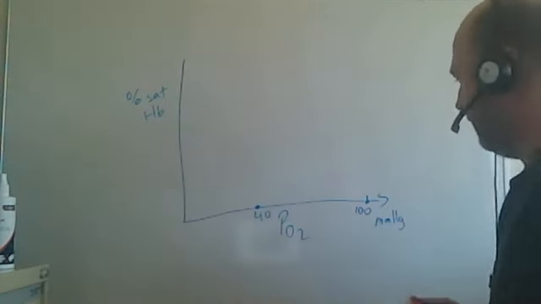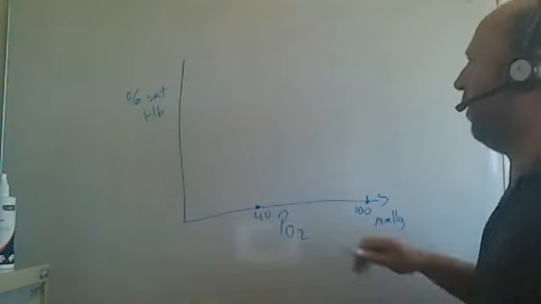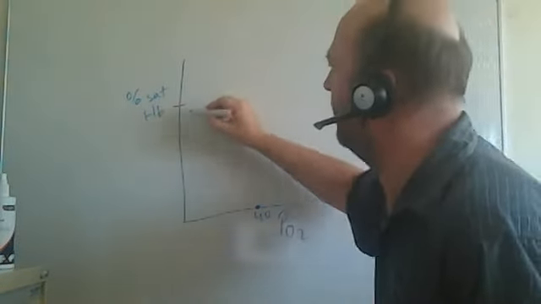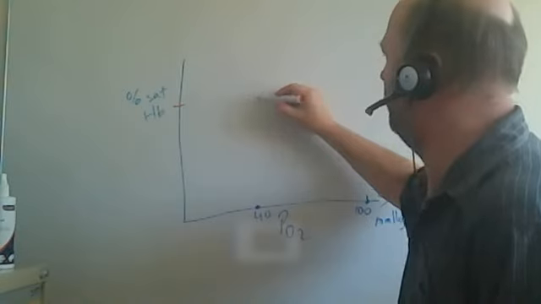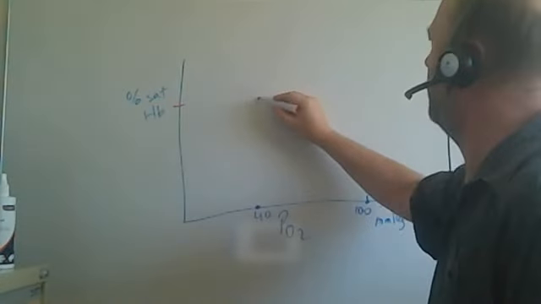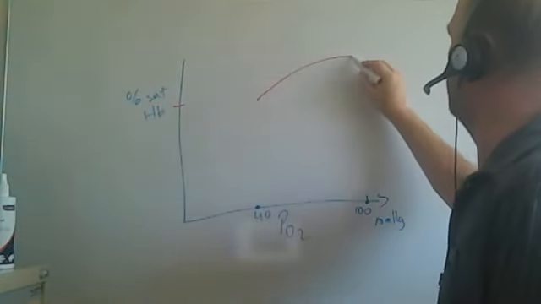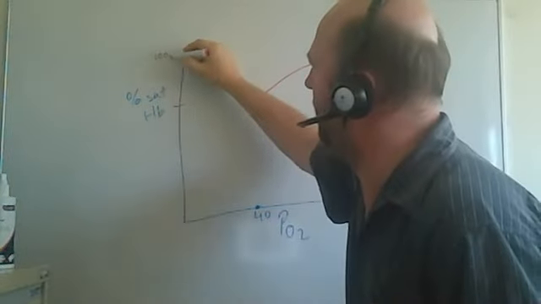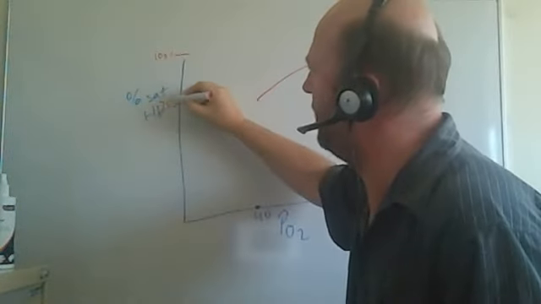Now when you look at the relationship of PO2 to the percent saturated hemoglobin, between 40 and 100 the curve changes something like that. And so here we have 100% saturation, here is 75.